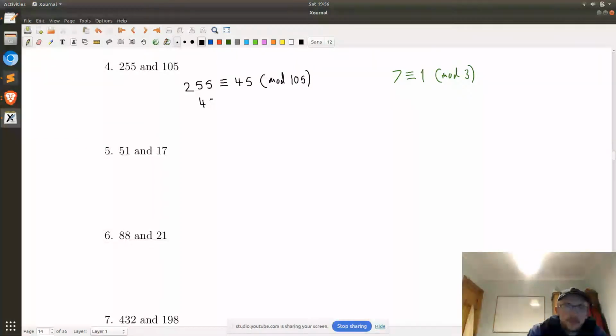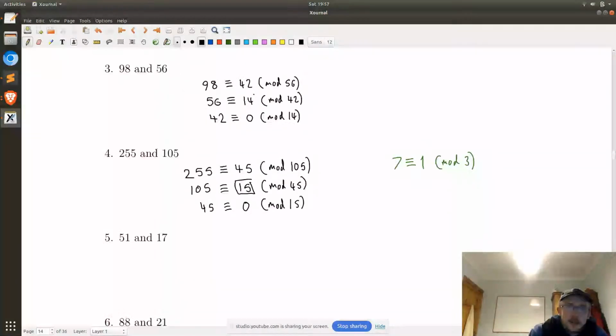So 45 is congruent to... No, 105 is congruent to 15 modulo 45. 45 is congruent to 0 modulo 15. And thus the answer is 15.